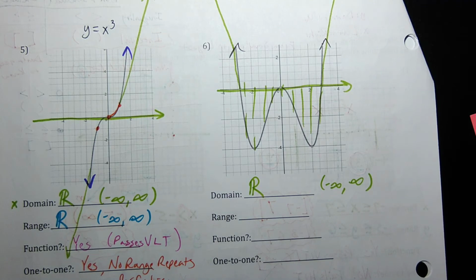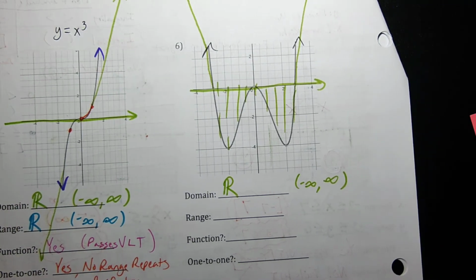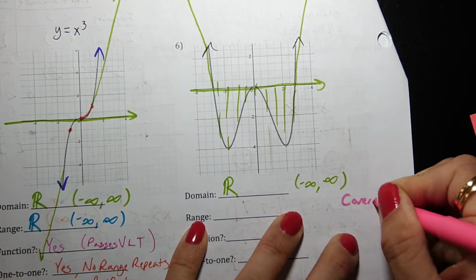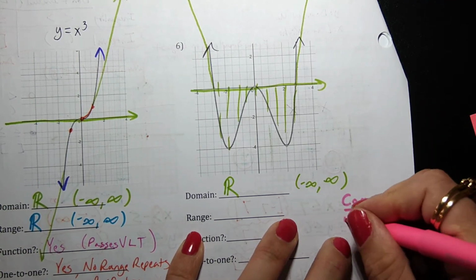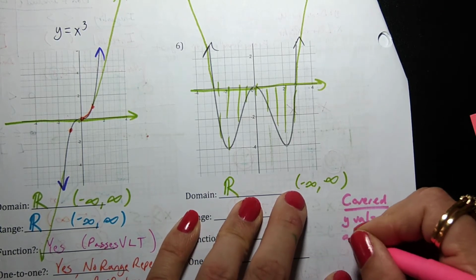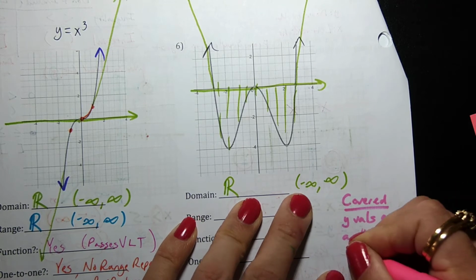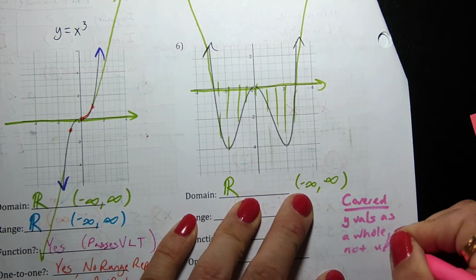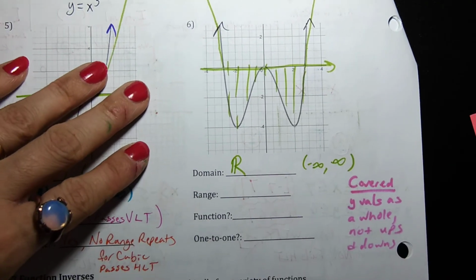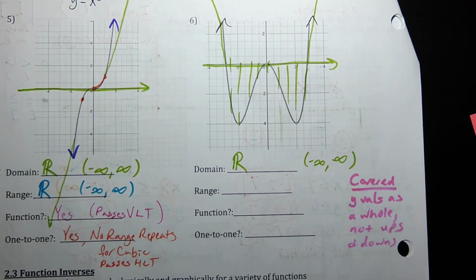Now, this is where students sometimes get confused. With range and with all domain and range values, when we talk about what's being covered, it's all the y values as a whole, not the ups and downs.